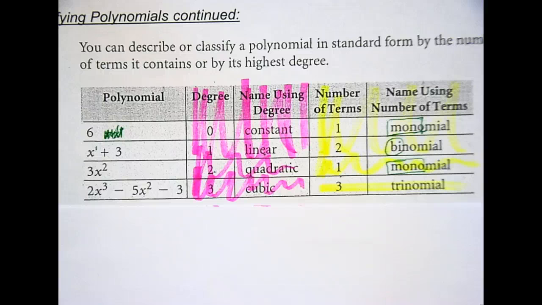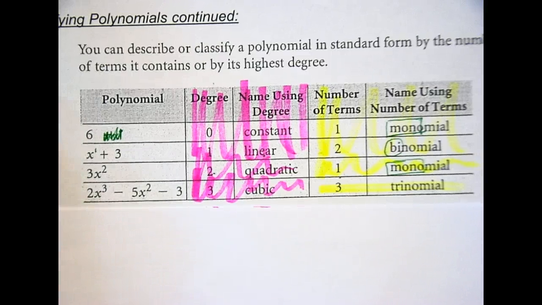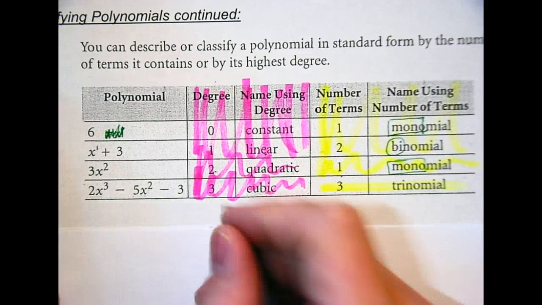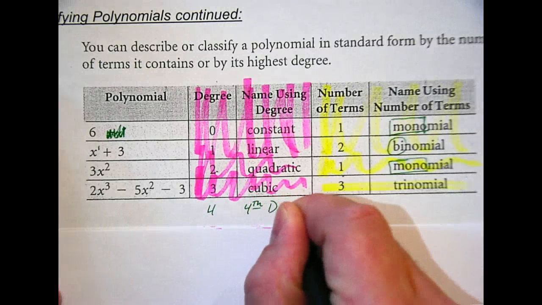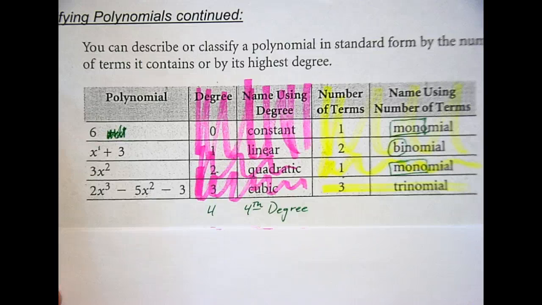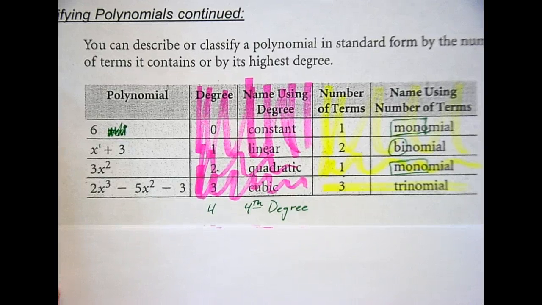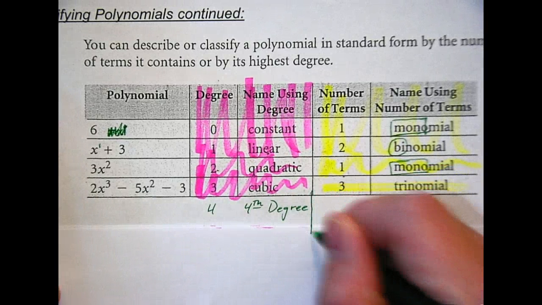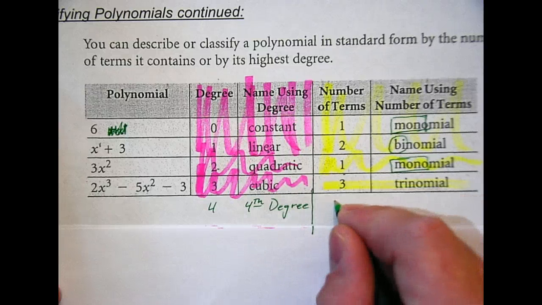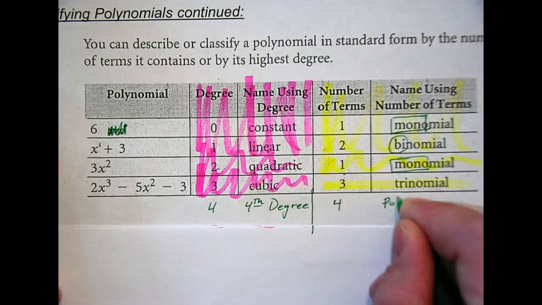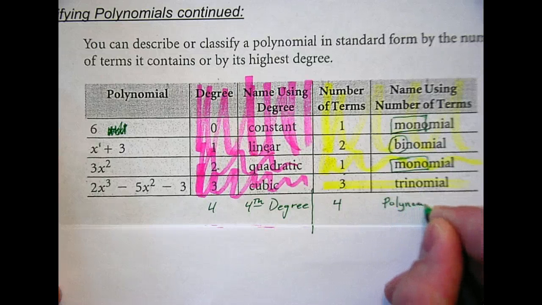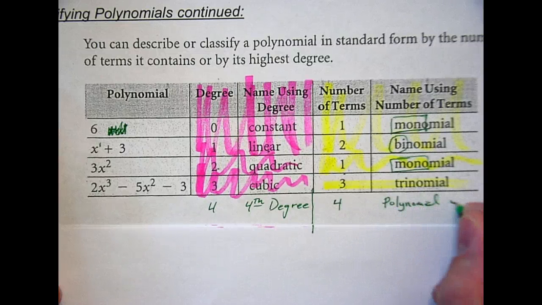Now if we go beyond degree 3, so degree 4, we're just going to call it a 4th degree. And if we go beyond 3 terms, for instance, 4 terms, we're going to just call it a polynomial with 4 terms, or with however many terms.